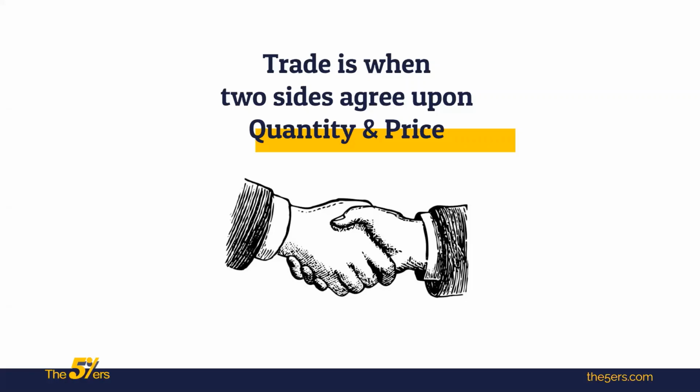So let's focus on the financial market side, because we understand the logic. Trade is when two sides agree upon quantity and price. Every time you see a candle or a price that is printed on your chart, that means that there are two sides, that somebody had sold something to somebody else. If there's nothing there, you'll see a gap between the candles.